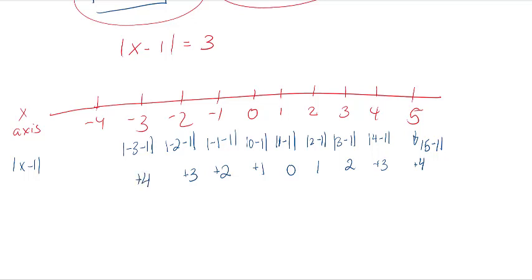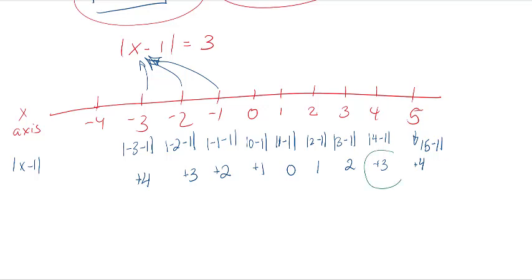So again, what we've done is for every x, we've substituted into our equation in order to find the value of the term in the absolute value. And we can see that we have two solutions that are correct.